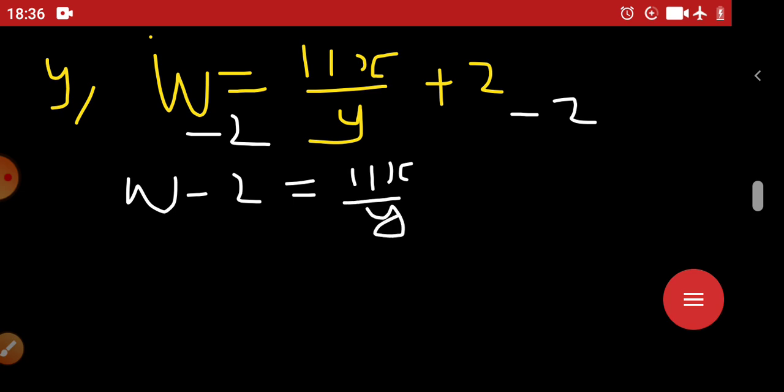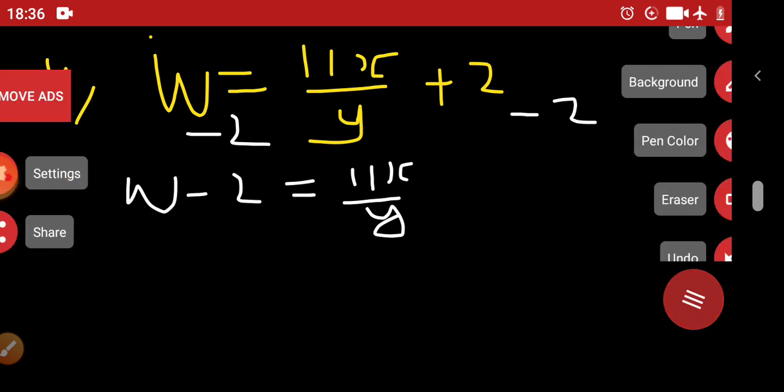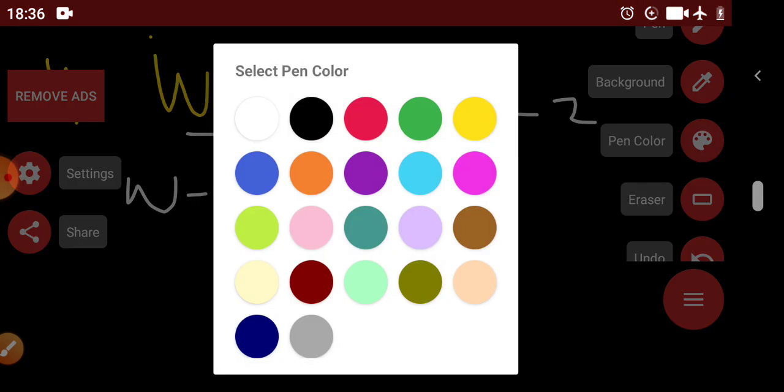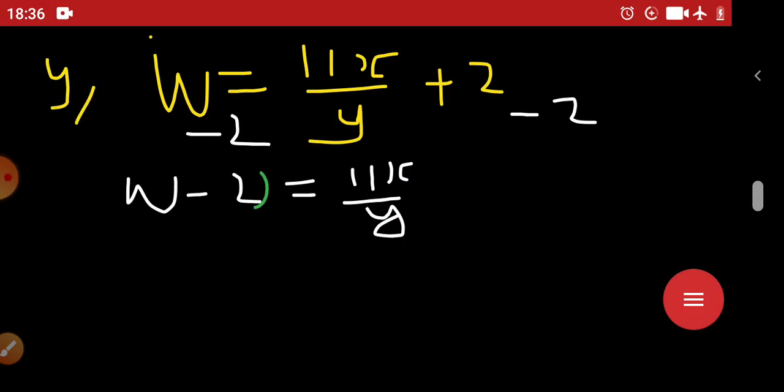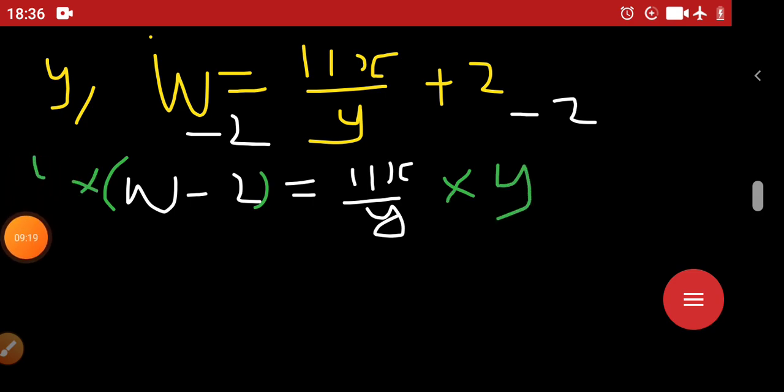So now, can we put this in bracket first? Because we want y, you can then multiply by y both sides, and then this will cancel this. So from the right hand side we have 11x.